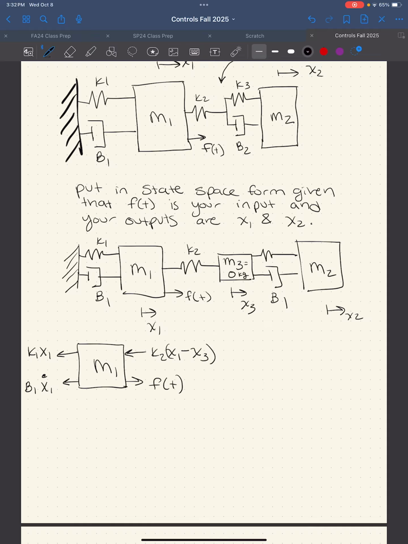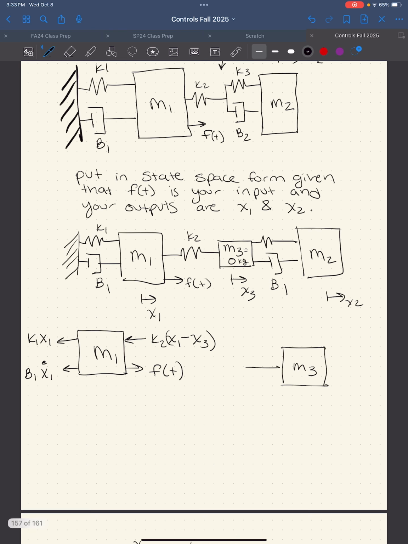Okay, now I need to draw a free body diagram of M3. Try to squeeze that over here. Okay, I have an equal and opposite spring force. So I changed the arrow direction, but nothing else. And then if I move mass 3 in the direction of x3, and I pretend that x2 cannot move, then spring K3 is going to be put into compression.